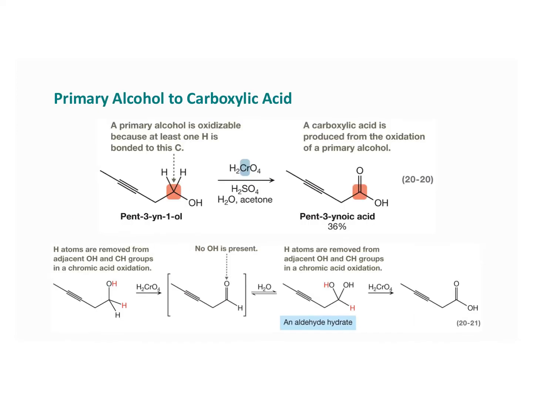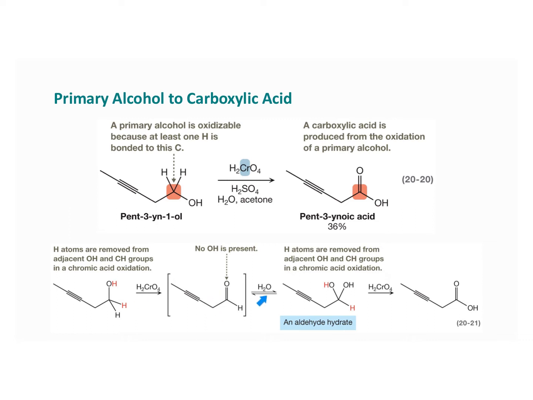Now, the primary alcohol, on the other hand, has two hydrogens attached to that carbon. And so what happens here is you end up with a carboxylic acid as opposed to the ketone of the secondary alcohol. So if you have a primary alcohol, it's going to be oxidized to a carboxylic acid here. Now, when we look at this equation, what happens is we have an aldehyde formed kind of as here after the chromate, right?